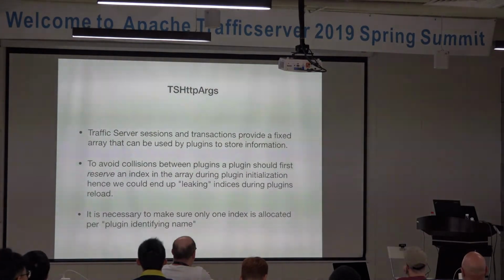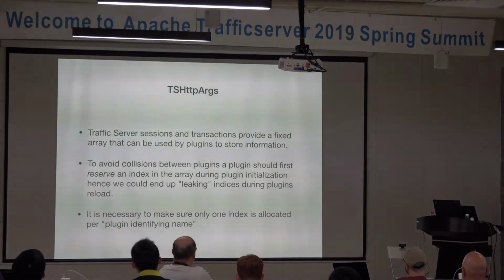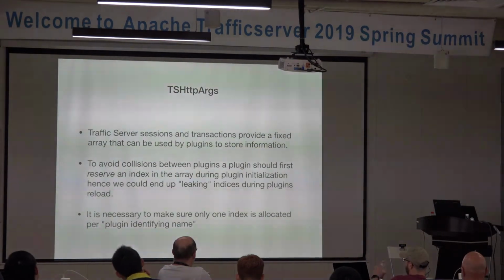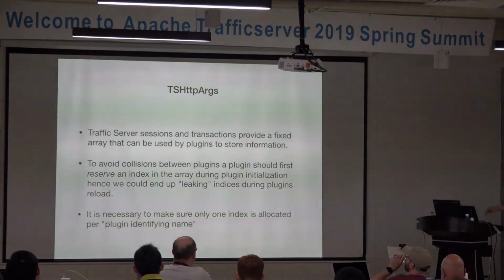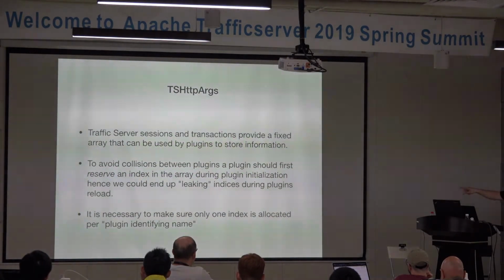There is a reserve function that reserves an index from that array, and that's usually called during load. If we keep reloading, we'll run out of indices. The change takes care of that by checking the plugin identifying name and returning the same index. And I think the internal implementation also assumes something like that.